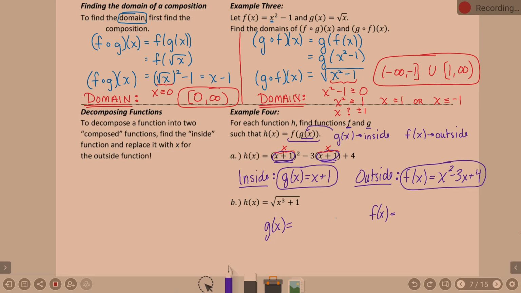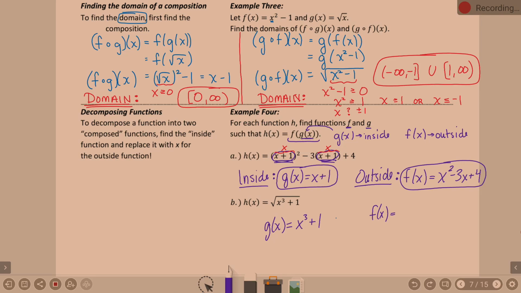Okay, so thoughts on what you might use as the inside function? What might you see as the inside function? Okay. See, I was thinking that, but then there's no parentheses. There's not always going to be parentheses. Okay.